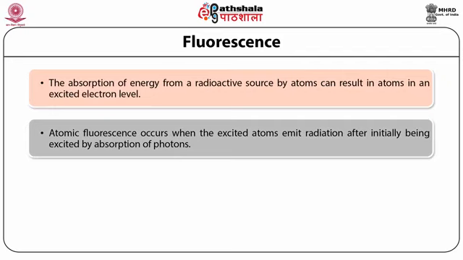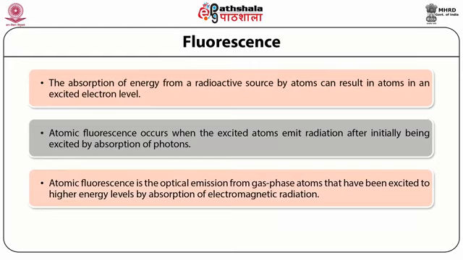Atomic fluorescence occurs when the excited atoms emit radiation after initially being excited by the absorption of photons. Atomic fluorescence is the optical emission from gas phase atoms that have been excited to higher energy levels by absorption of electromagnetic radiation.